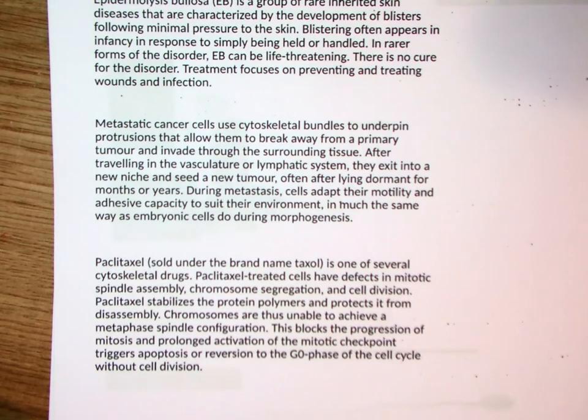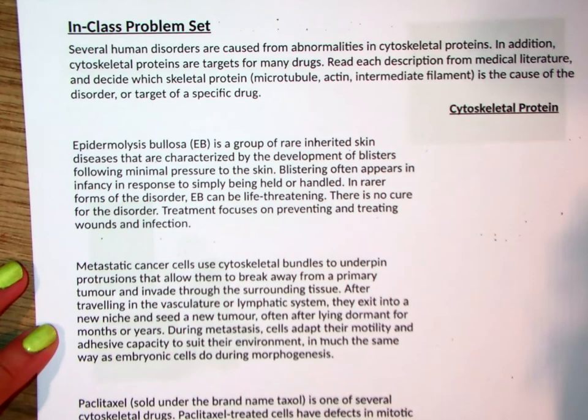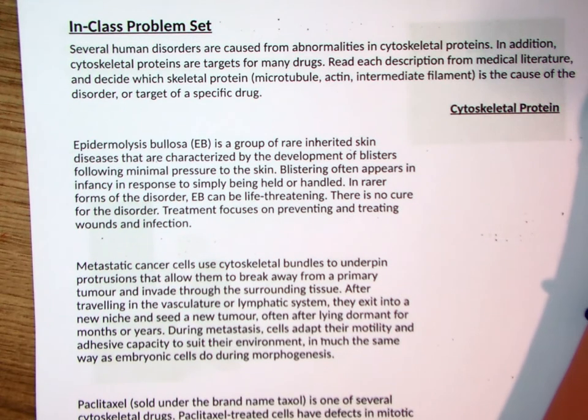Or right now, actually. So in class problem set. So this says several human disorders are caused by abnormalities in cytoskeletal proteins. In addition, cytoskeletal proteins are targets for many drugs.